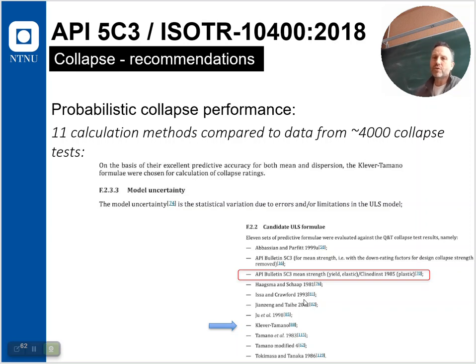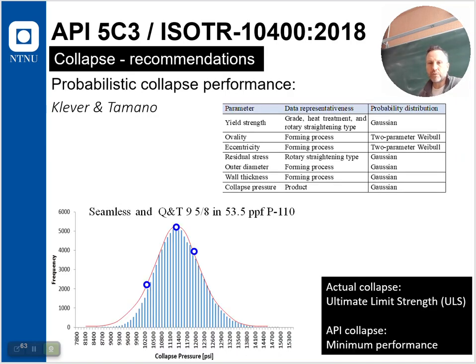So if you really want to know when your casing collapses, you need to go to one of these methods, and the one that is the most accurate according to the standard is this one, Clinedinst and Tamano. It is what is called an ultimate limit strength calculation. It tells you when it collapses, not the minimum performance.